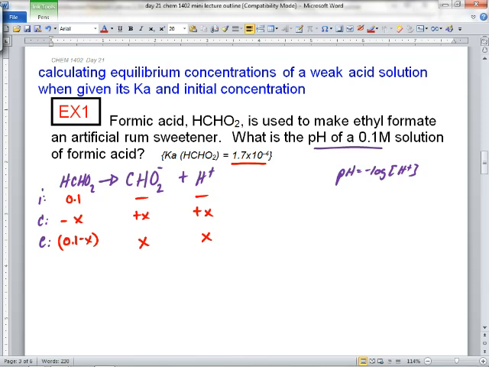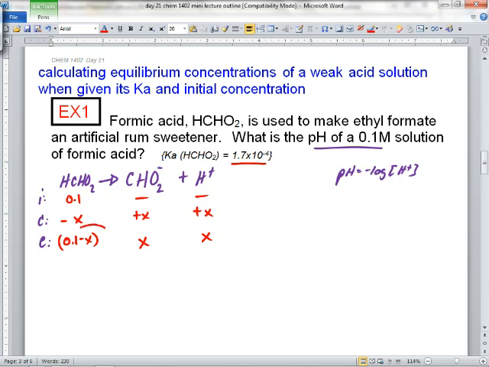Is everybody reading this table right? Matteo, what is the equilibrium concentration of H plus? According to that table, it is what? It's X, right? What is the equilibrium concentration of CHO2 minus, however you call that? It's, everybody, it's X. What's the equilibrium concentration of formic acid? 0.1 minus X. Those are all of our answers, right?